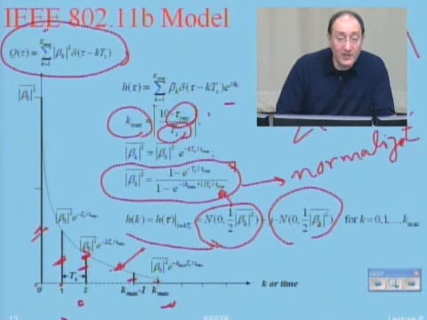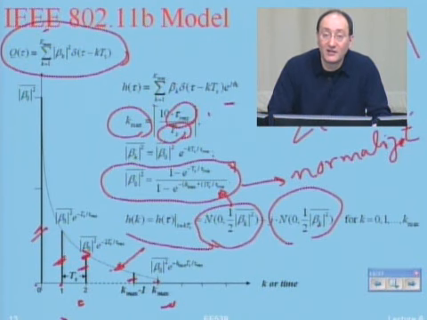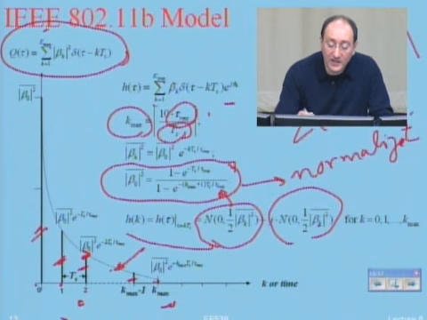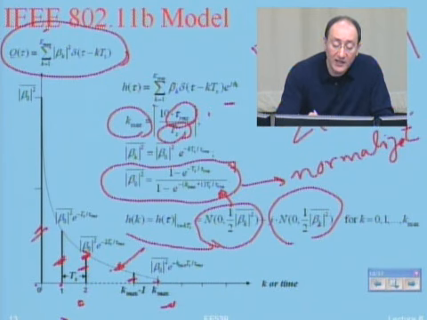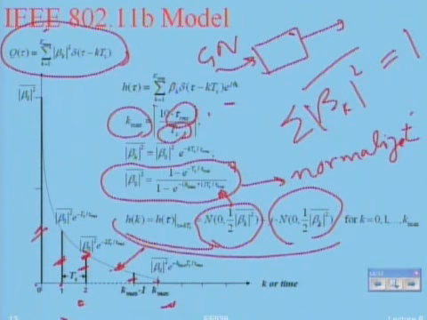And if you want to shape the spectrum, you have to pass it through a filter to shape that spectrum. Do you remember when you wanted to generate the paths, you had a filter, and then you ran the filter with complex Gaussian noise. This is that complex Gaussian noise associated to different taps.